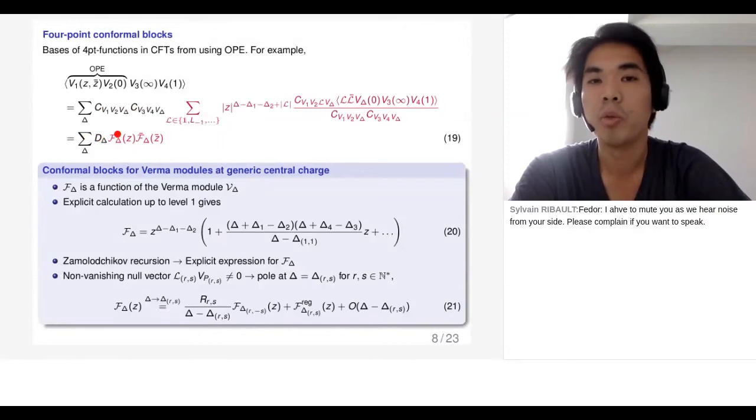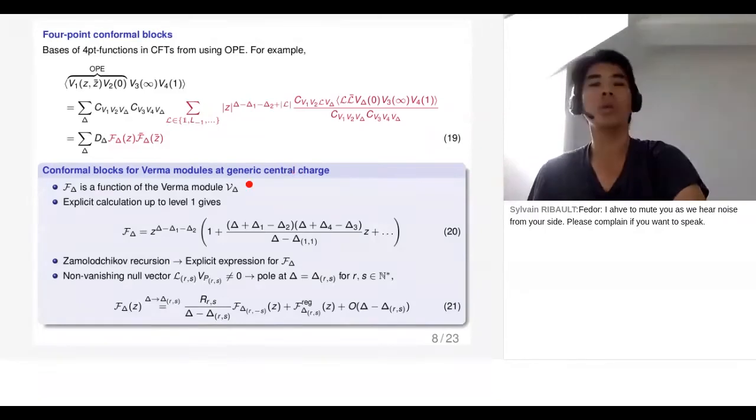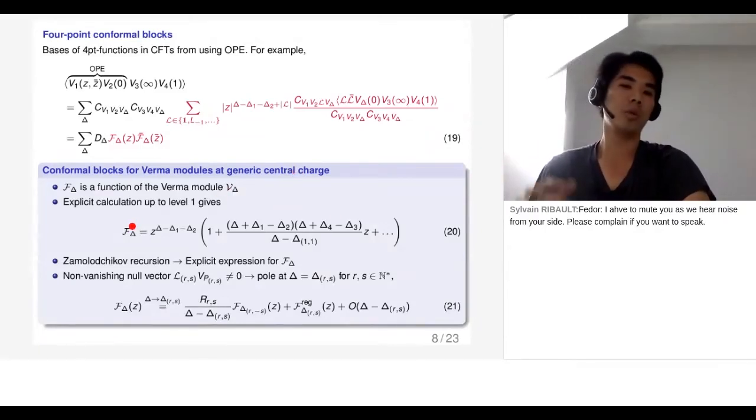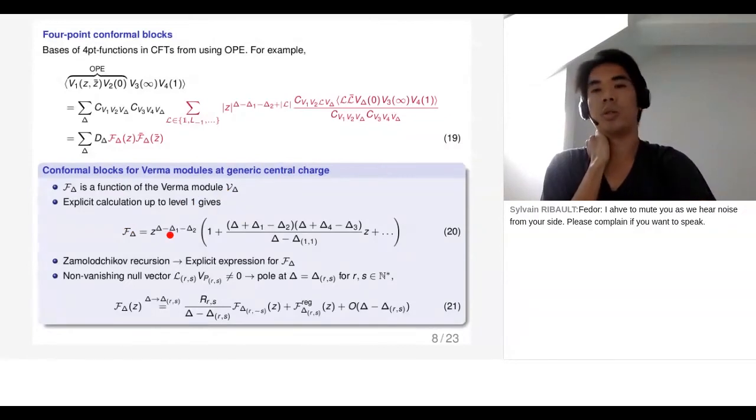So let us see what happens when we compute this formula here explicitly to the leading order. And of course, we are always at generic central charge in this talk. And so up to the leading order, you obtain this expression from which we could already see something interesting here. You see that this F delta here has a pole at delta equal to delta 1,1. So this is the degenerate dimension at level 1.